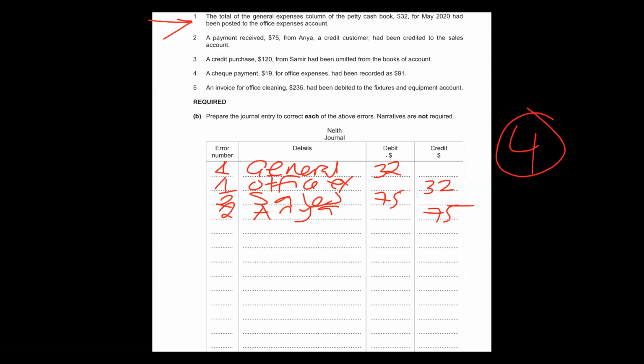First of all, what error is this one? Colleagues, you are able to remember the errors. All right, someone has responded, the error of omission. So this was the error of omission. Now, there was a credit purchase of 120 from this person. It had been omitted.